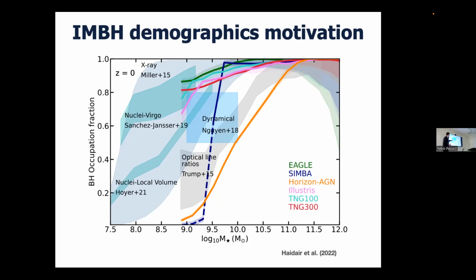And this here is various probes, using the traditional optical emission line ratios to look for AGNs. You see the fraction of those decreases. Using, this is a great paper, Miller 2015, looking at X-rays for central supermassive black holes, and they did some really robust statistical analysis, and so they have those results there.